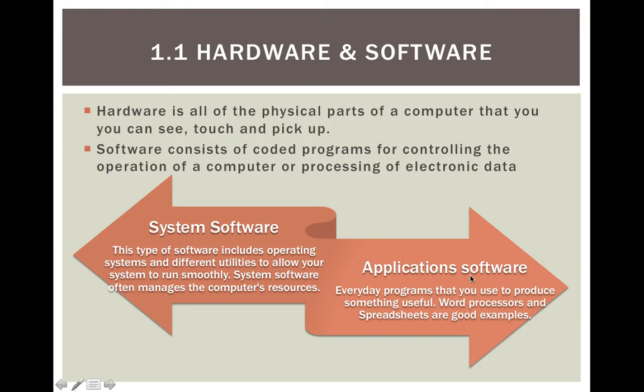Whereas the application software is the programs and the apps that you use on a day-to-day basis. These are used to produce an output or to process data, like word processors or spreadsheets are examples of application software. So anything that we've done as one of our 6 elements of skill for the practical tasks would be examples of application software.